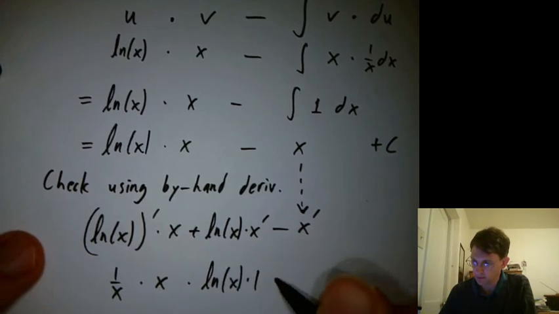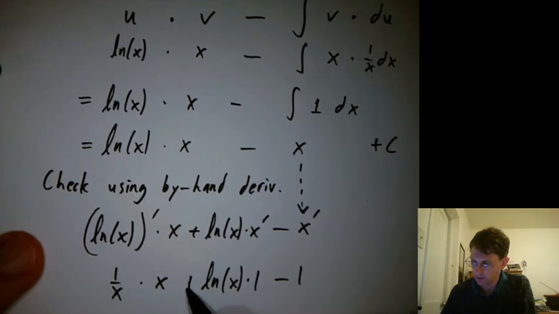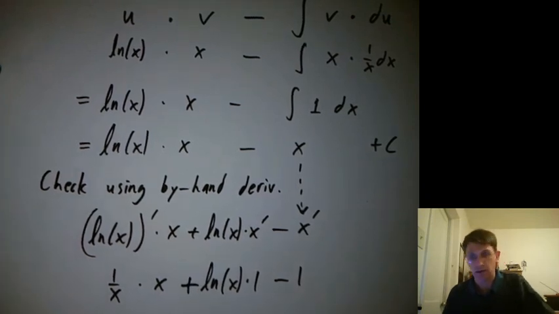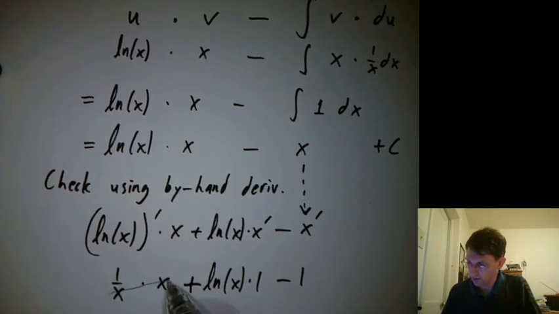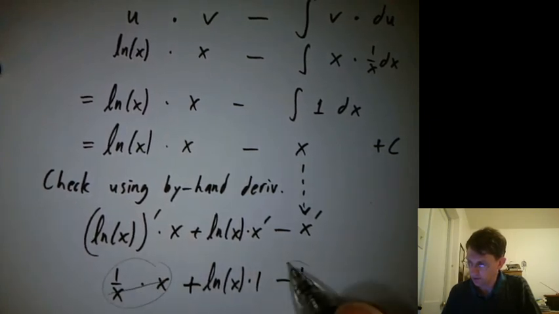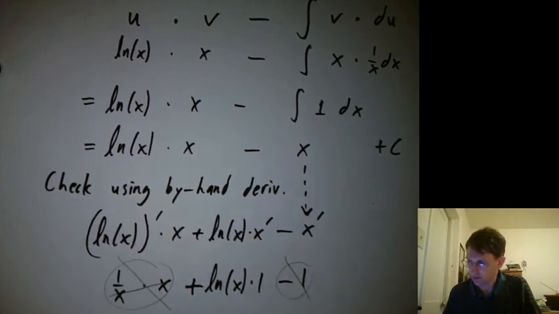Log x times 1 minus derivative of x is 1. Oh, this should be a plus. And then we can cancel those. And then that whole thing is now 1, which cancels that. And we're left with just log x, which is what we wanted.